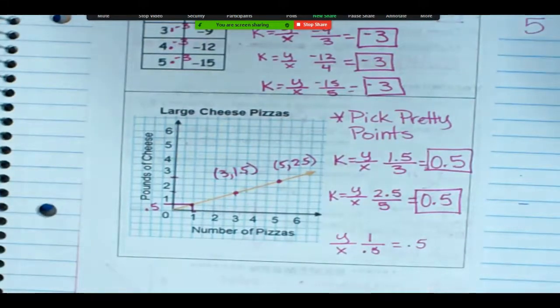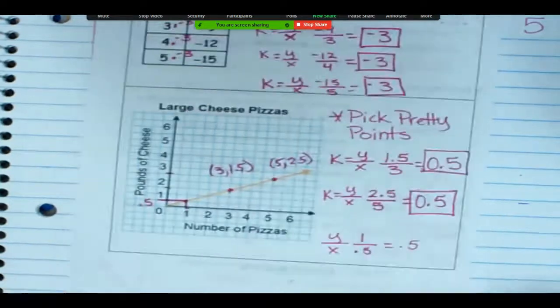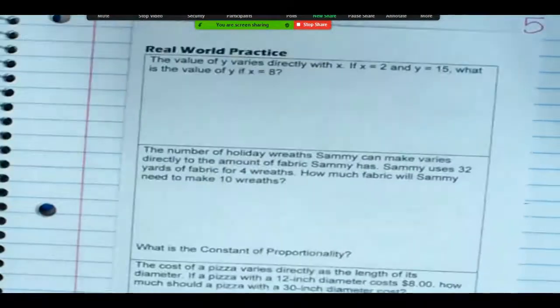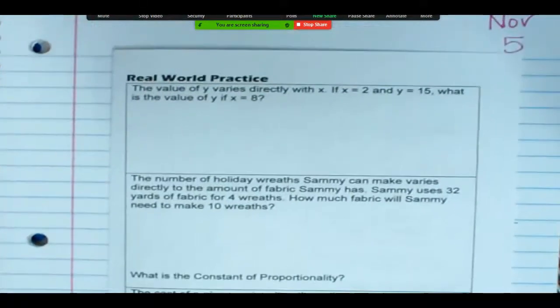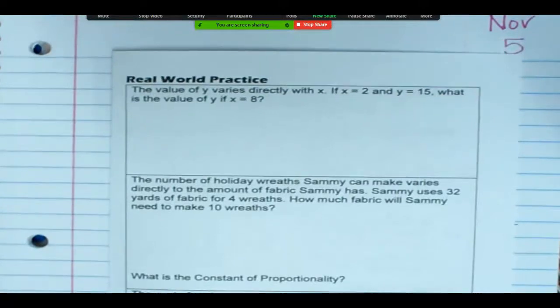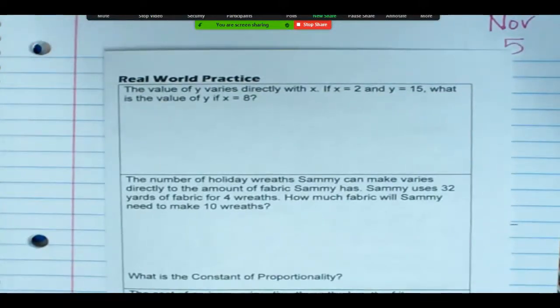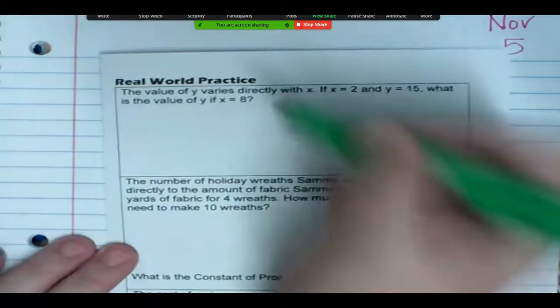But sometimes they don't just give us the picture or the table. They kind of put them into word problems. So let's flip the page, and we've got 3 little word problems that we want to talk about. All right, the value of y varies directly with x. First thing, I noticed this right here.